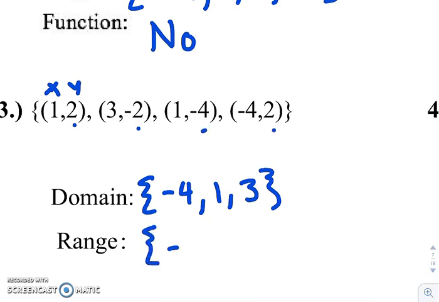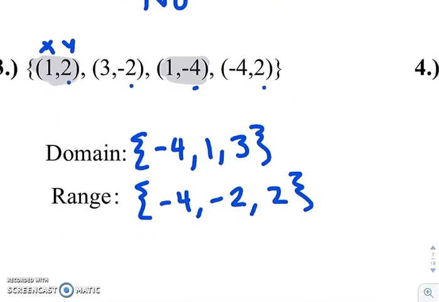So from least to greatest, -4, -2, and 2. We won't list 2 twice. But if you look, this ordered pair and this ordered pair both have the x value 1. So 1, 2, and 1, 4. If you were to graph this, it doesn't ask, but this would not be a function.